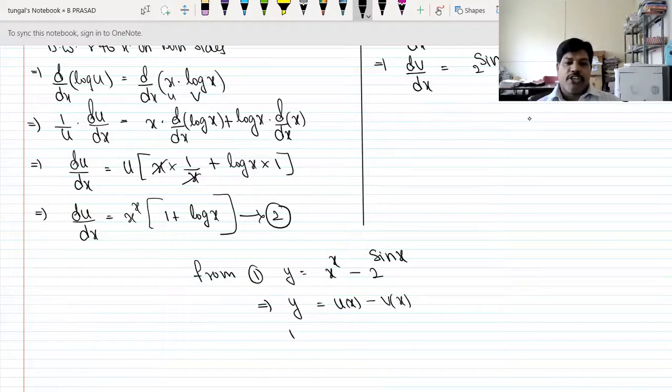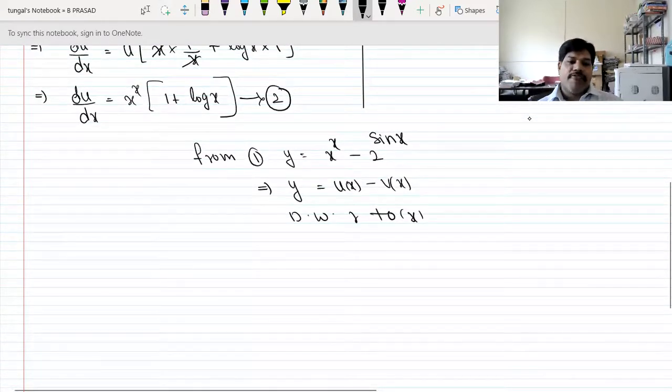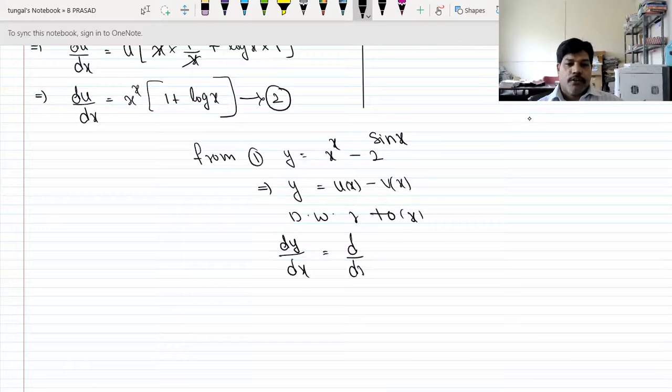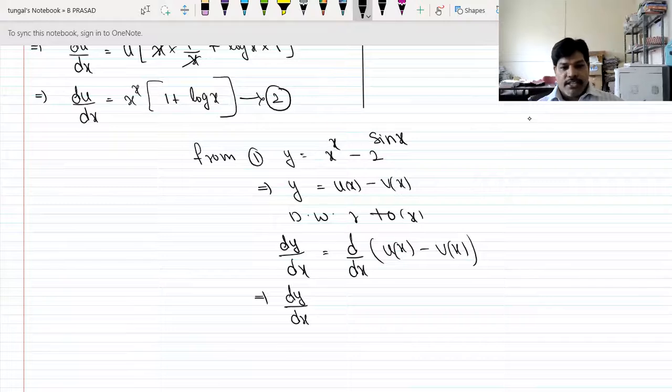So differentiate with respect to x. dy by dx is equal to the derivative of u of x minus v of x. So dy by dx is equal to du by dx minus dv by dx.